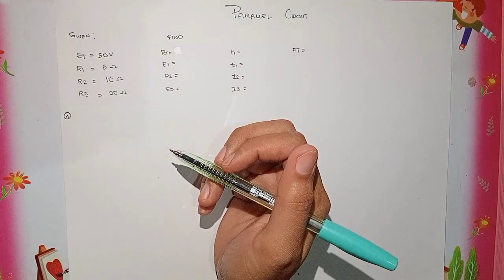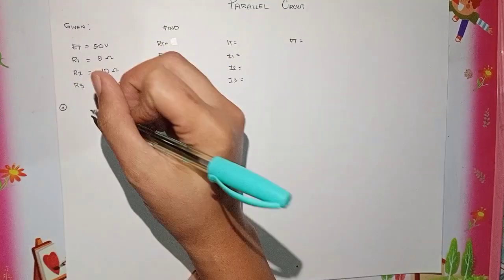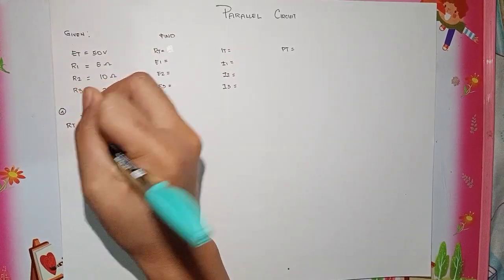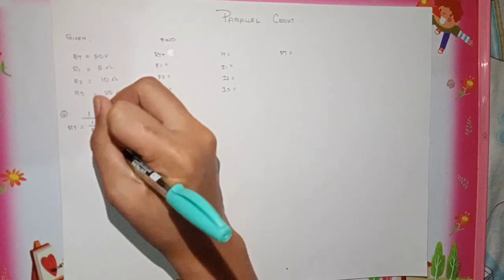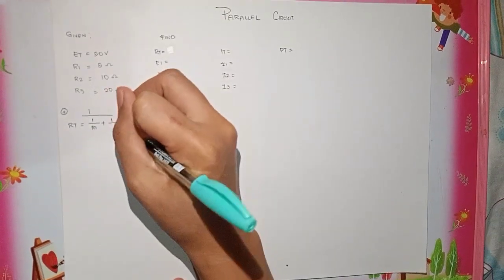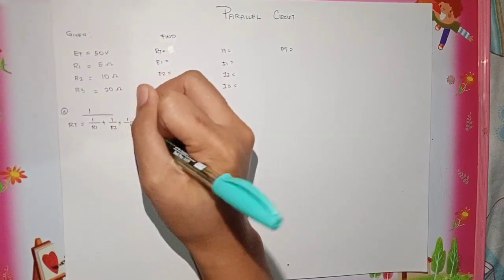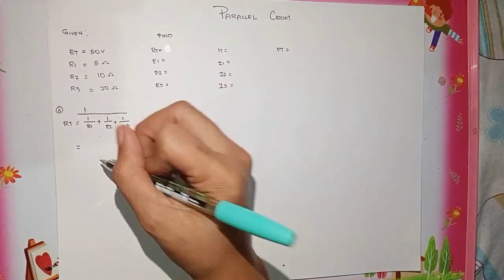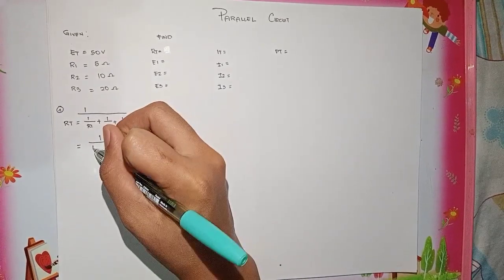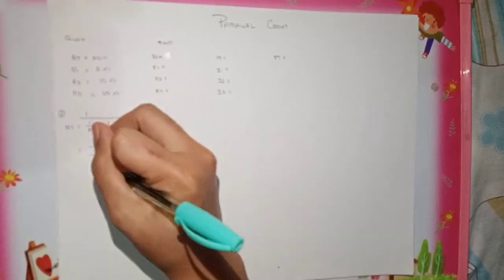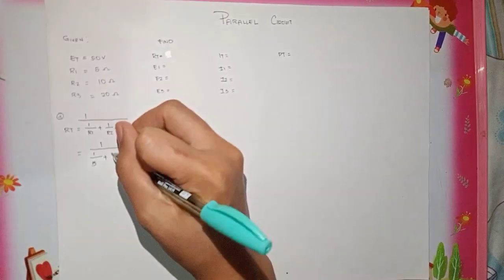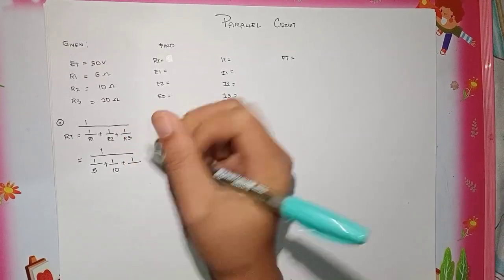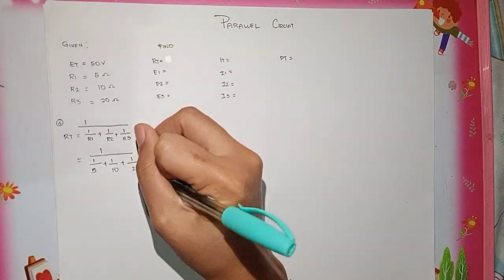Let's get the total resistance first. The formula is 1 over total resistance equals 1 over R1 plus 1 divided by R2 plus 1 divided by R3. R1 is 5 ohms, R2 is 10 ohms, and R3 is 20 ohms.